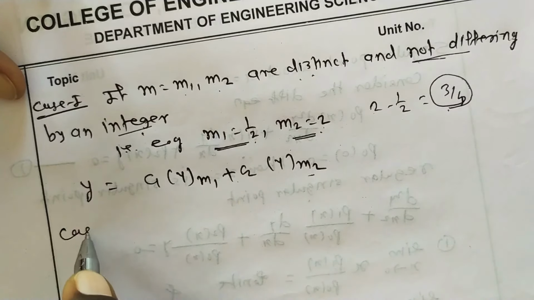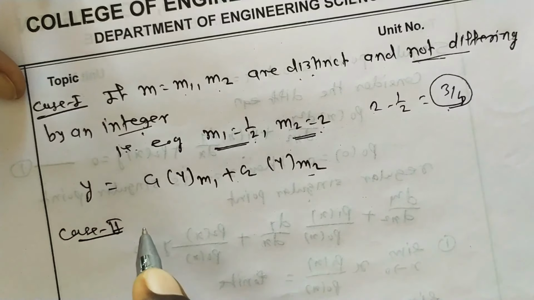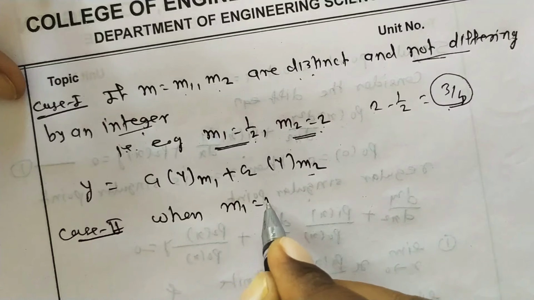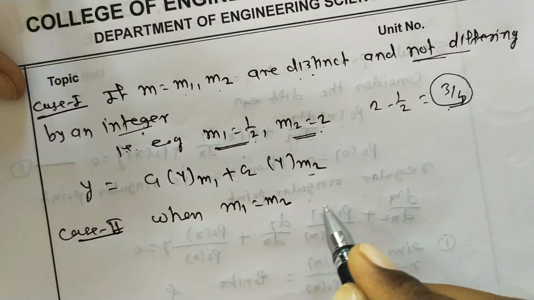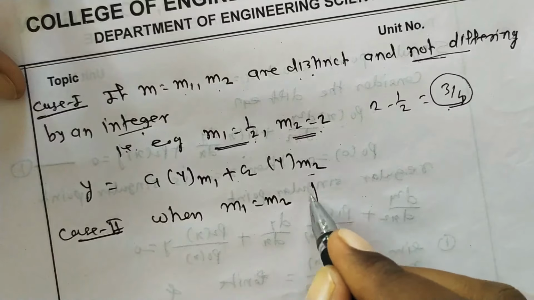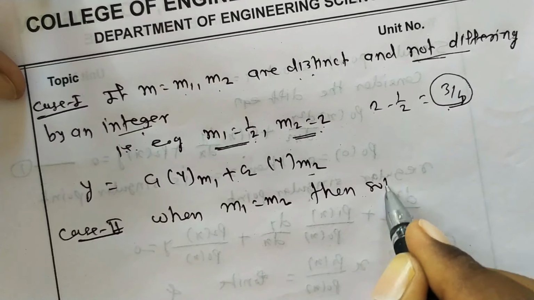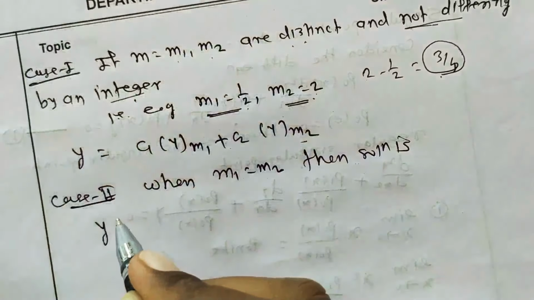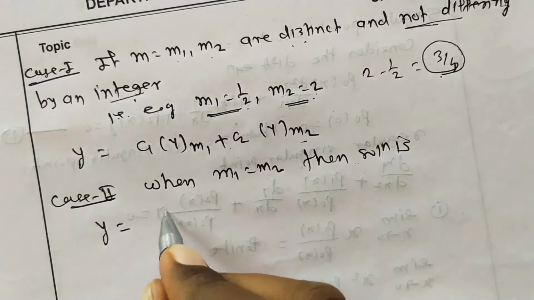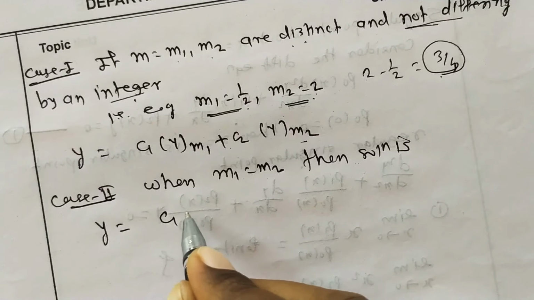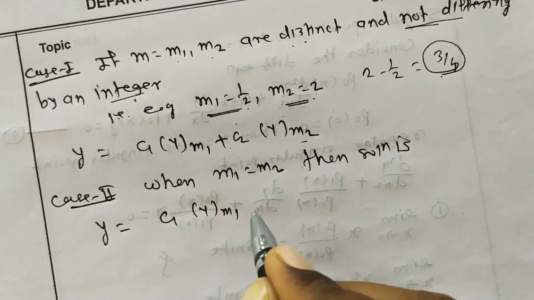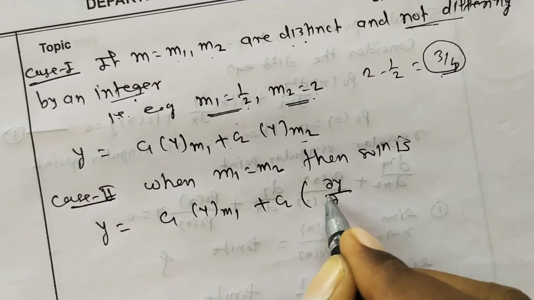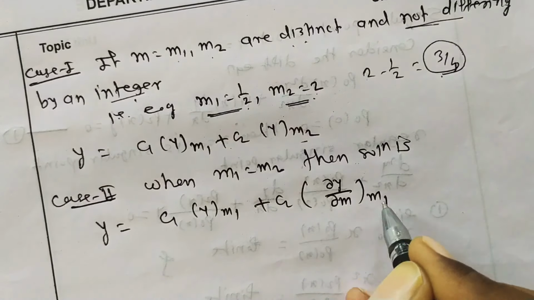Now case 2 is if m1 is equal to m2, means when these two roots are the same. For example, if we get 0, 0 or 1, 1, then how do we write the solution? Then the solution is y is equal to c1 into the value of y at m1 plus c2 into ∂y by ∂m at m1.